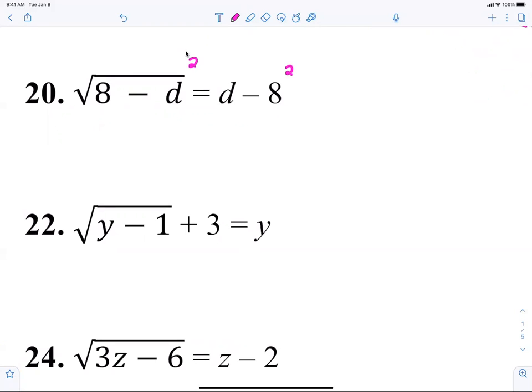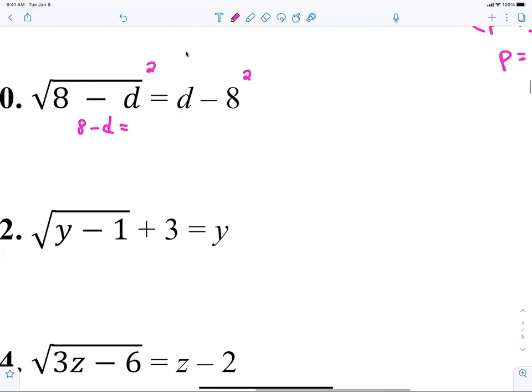So what do I have? 8 minus d squared. Say it again. 8 minus d squared equals d minus 8 squared. All right, so we got to be careful. I want everybody to put down d minus 8 times d minus 8.